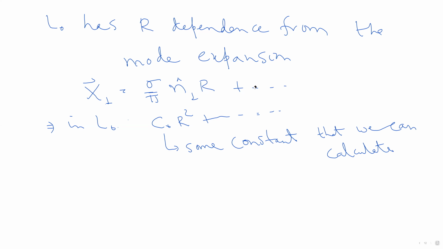To make a shortcut, recall that L0 has an alpha prime k squared, plus by this construction C0 R squared, and then there are other conditions, plus oscillators. And this is equal to 0, which is the on-shell condition.